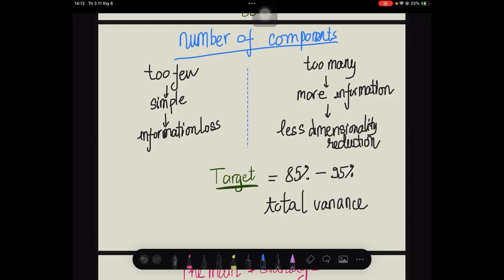We want a small number of components that explain a sufficiently large proportion of the total variance. In practice, a common rule of thumb is to retain enough principal components to explain roughly 85 to 95% of the total variance. The exact threshold is not a universal law, it's a practical decision. The analyst is balancing simplicity against information retention.